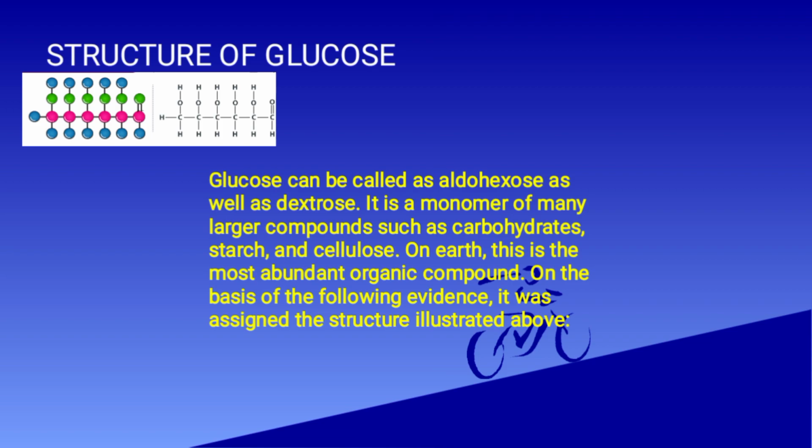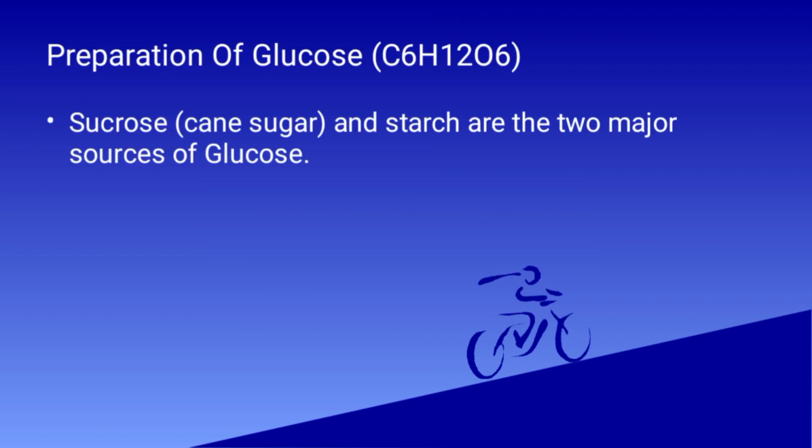Glucose can be called an aldohexose as well as dextrose. It is a monomer of many larger compounds such as starch and cellulose. On Earth, this is the most abundant organic compound. On the basis of the following evidence, it was assigned the structure illustrated above.